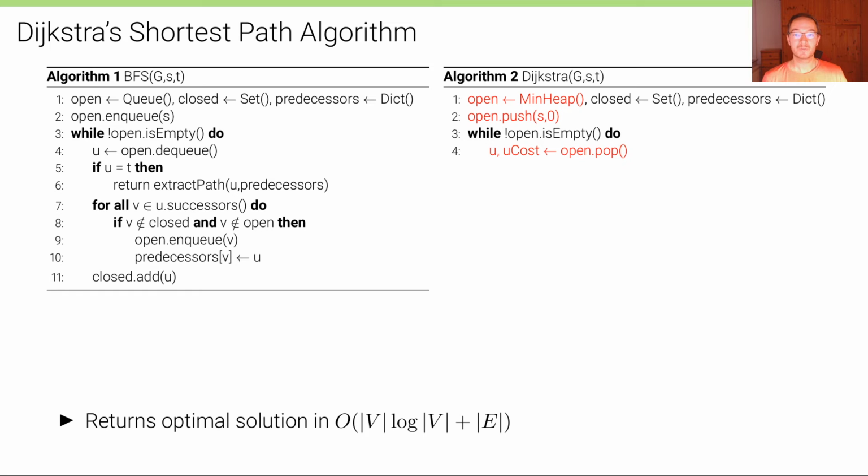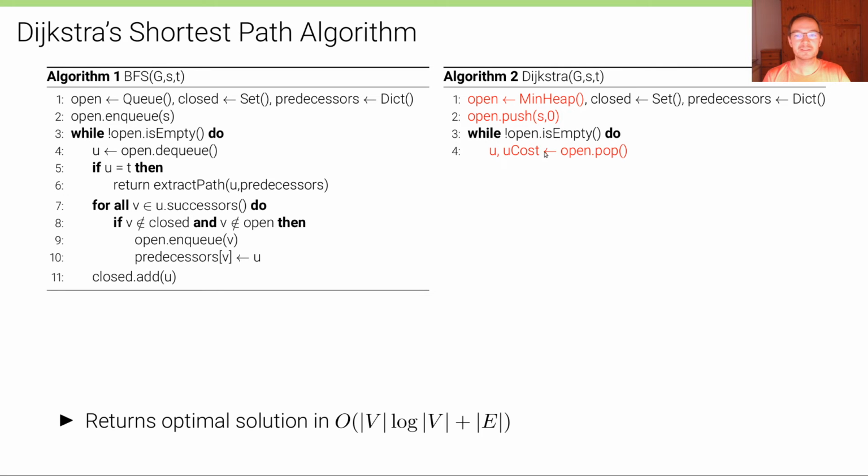While the open min heap is not empty, we execute the following. We are removing the top priority, the smallest element, from the min heap. This is similar to the dequeue operation, but now we're not just dequeuing from a queue, but we are removing the highest priority element from the min heap, where the priority is simply this cost, so the element with the smallest cost.